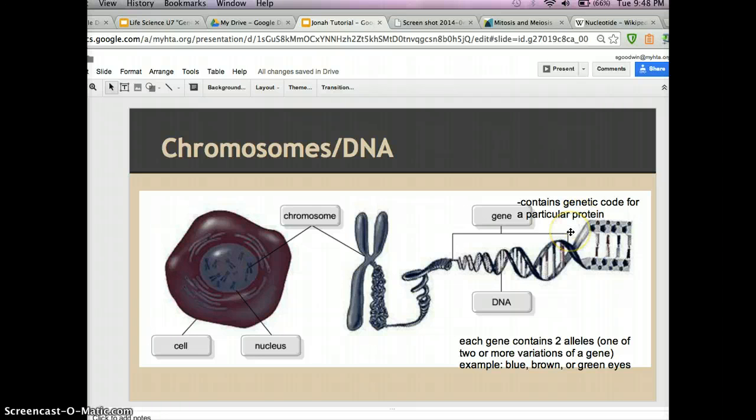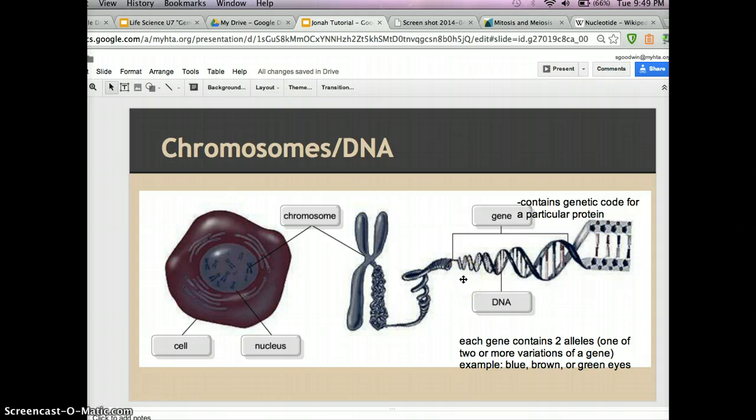Now each gene contains two alleles or more, so it's one or two or even more variations of a gene. For example, if we were talking about eye color, there might be alleles for blue, brown, or even green eyes or yellow eyes. So basically the natural progression goes from chromosome, we unwind the chromosome, it's a long strand of DNA.